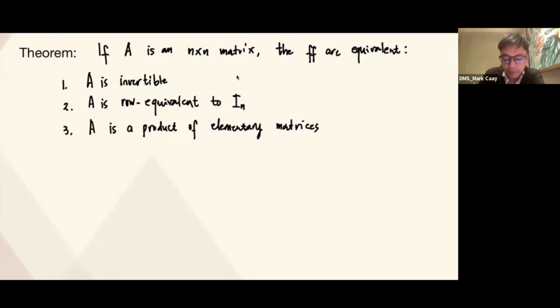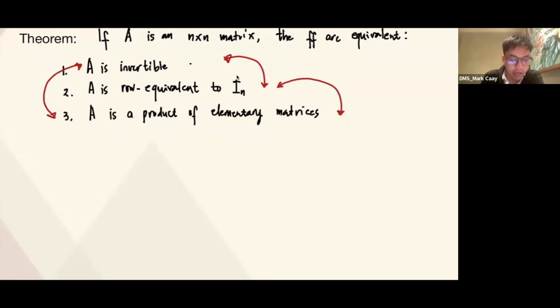So, ibig sabihin, yung statement na pagiging invertible niya, nag-imply siya automatically and vice versa as A is row equivalent to I. And the statement A is row equivalent to In, it implies automatically and vice versa that it is a product of elementary matrices. Similarly, ito din, naka-if and only if siya. Because they are all equivalent.